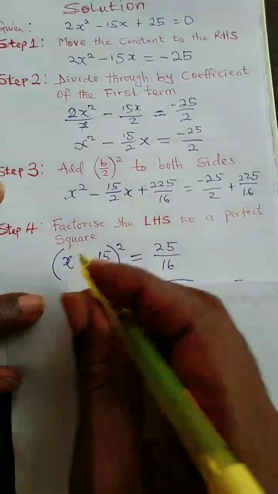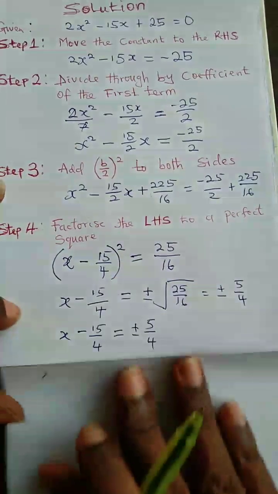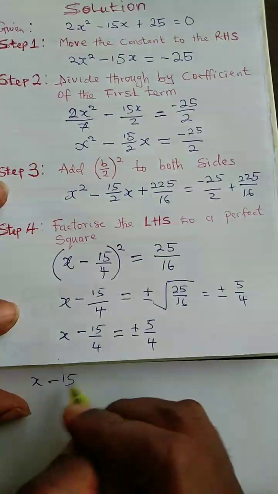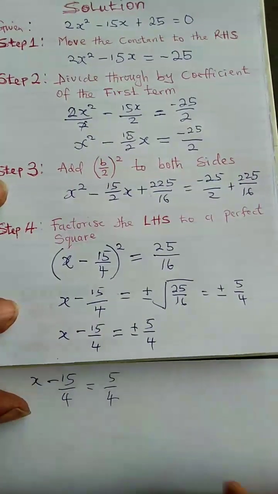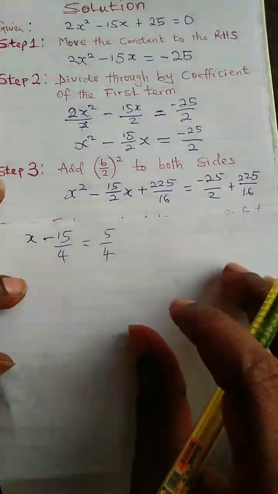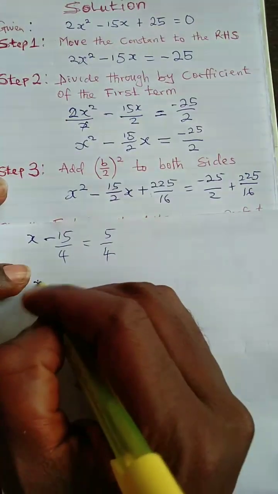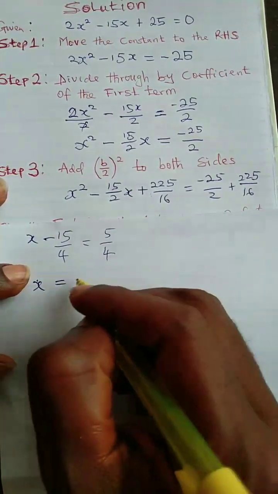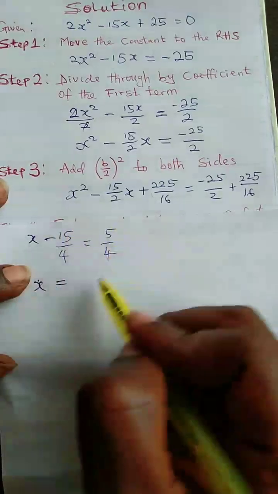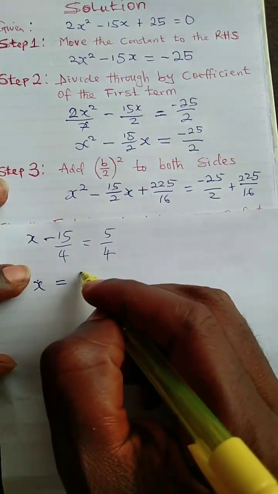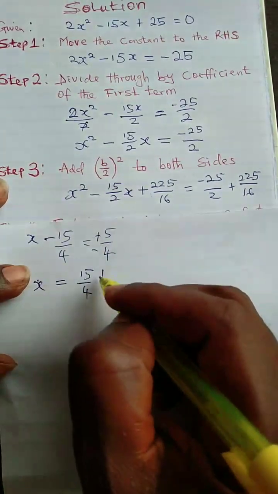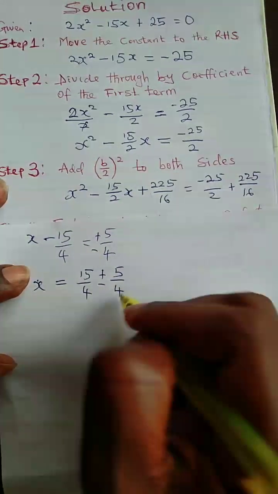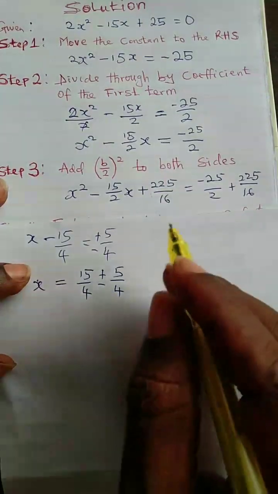So I already have x minus 15 over 4 equals 5 over 4. Let's simplify this now. x is equal to, when minus 15 over 4 crosses over, it becomes 15 over 4. Remember that it's plus or minus 5 over 4.